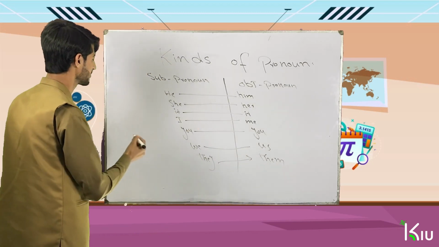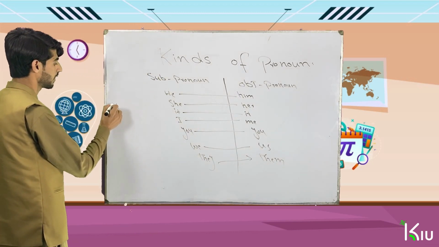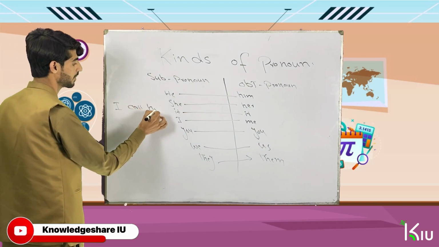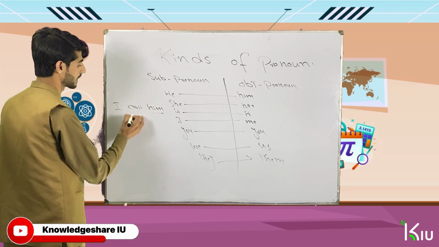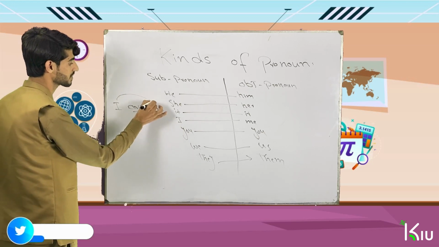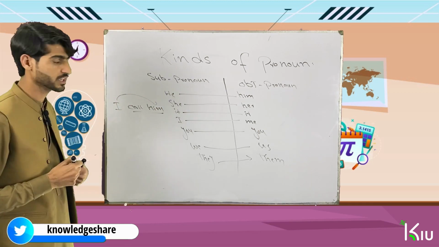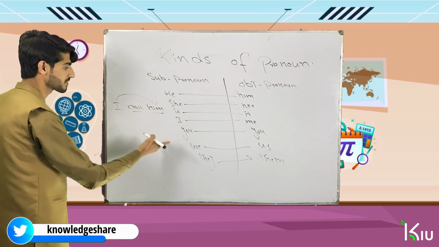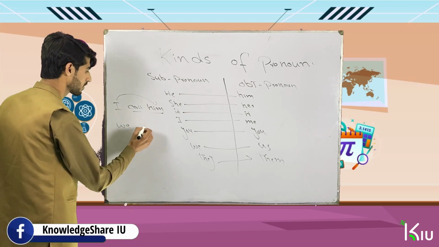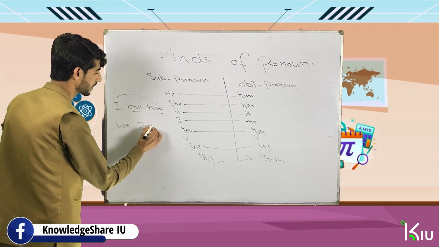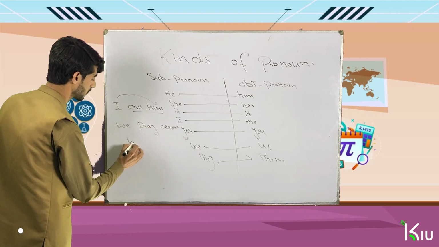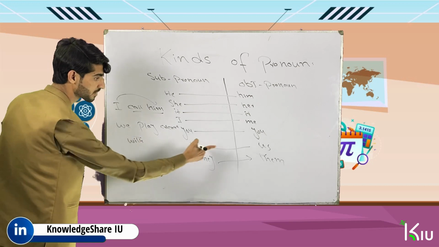So how will it receive the action? For example, if I say, I call him. Now here, call is an action and I is subject and him is an object and it receives the action. Number second, for example, if I say, we play cricket with them.